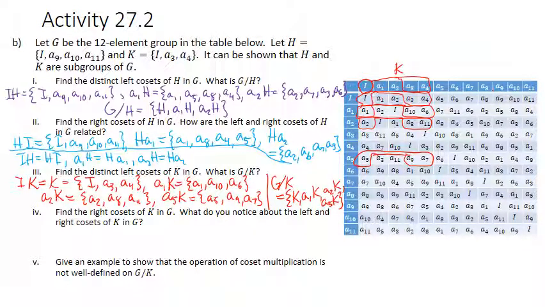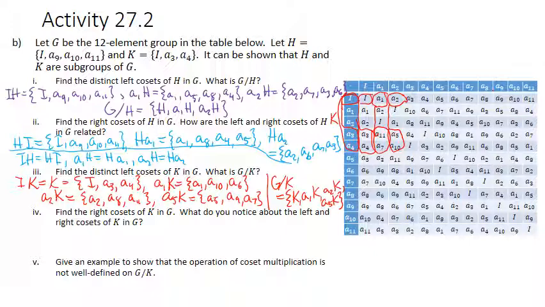Okay, so part 4, find the right cosets of K in G, and then what do you notice about the left and right cosets? So for the right cosets, let me circle K over here. So this is K. And then there's this one, and then this one, and then this one, and I'm going to skip the next one because I already saw it.